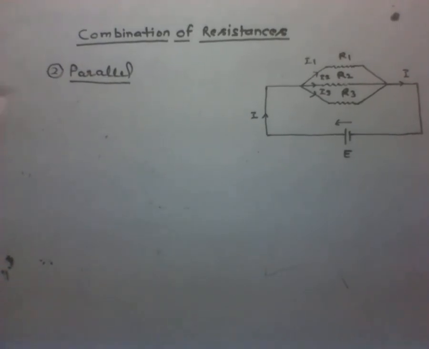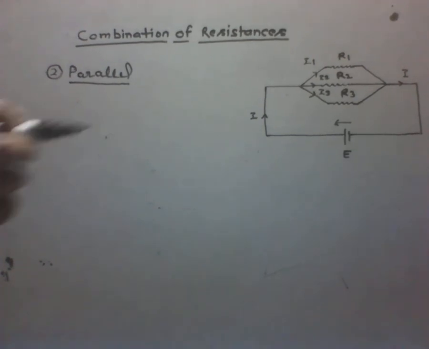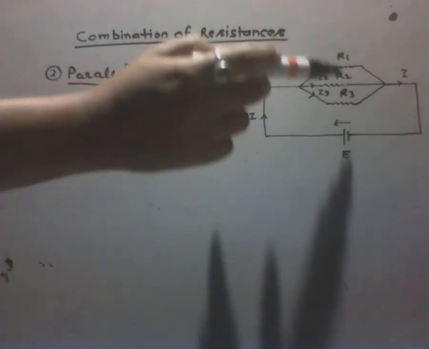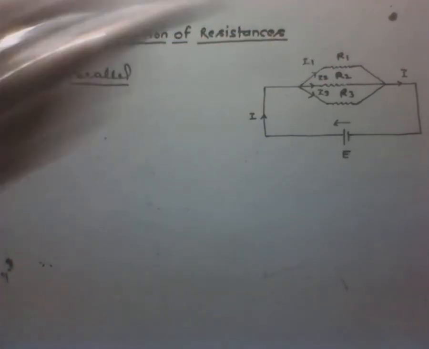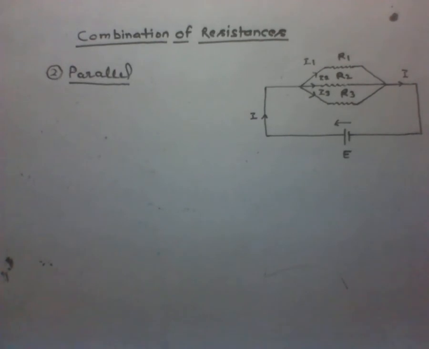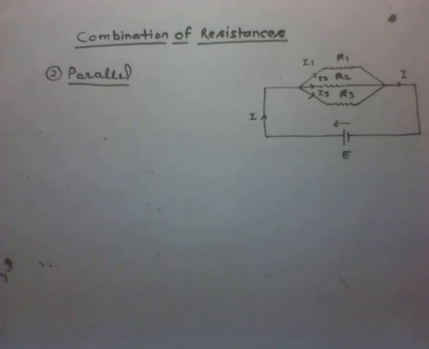Now we will discuss the parallel combination, in which I have made a diagram here. Here three resistances R1, R2 and R3 are connected in parallel and also connected across a battery of EMF E. In this combination, the current in various resistors is different, but the potential remains the same.